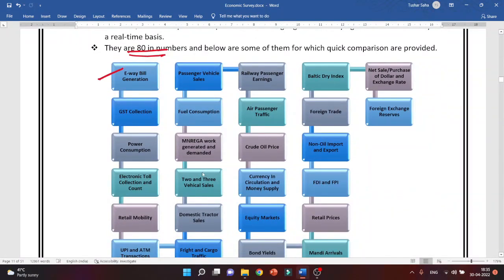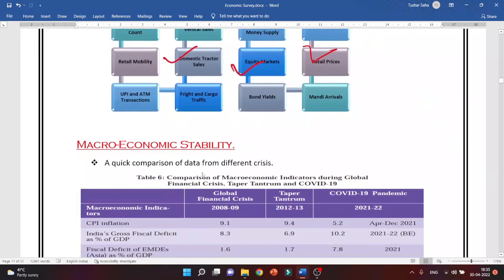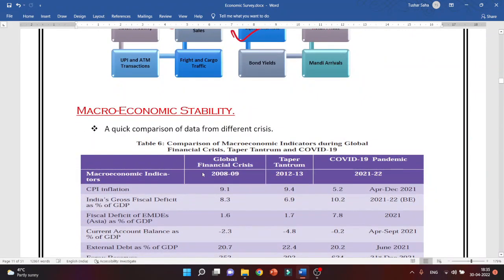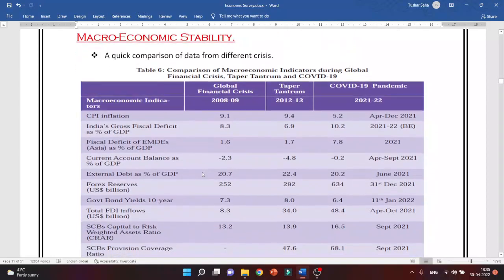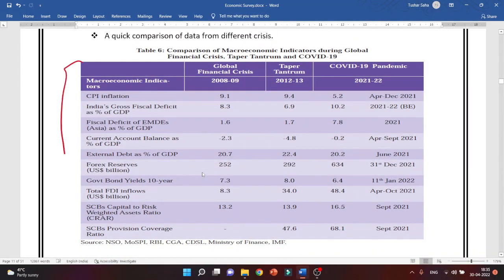For example, e-way bill generation, air passenger traffic, foreign trade, crude oil price, FDI and FPI, domestic tractor sale, retail prices, equity market, etc. Just go through it, you are going to understand, right? If not, please do comment in the comment section so that we can answer your query. Then comes the macroeconomic stability, right? So just have a quick glance over it, that would be enough.